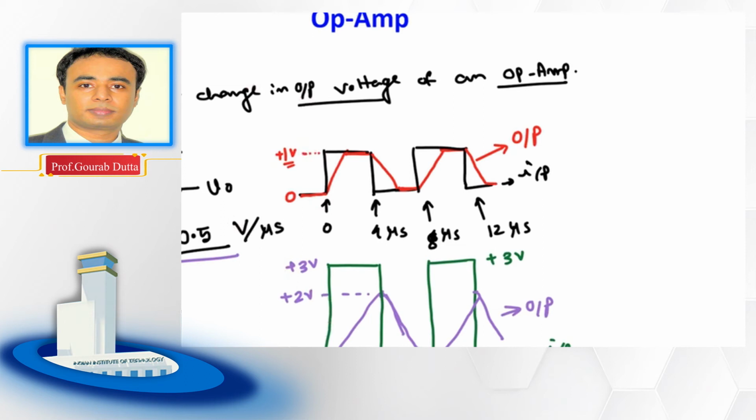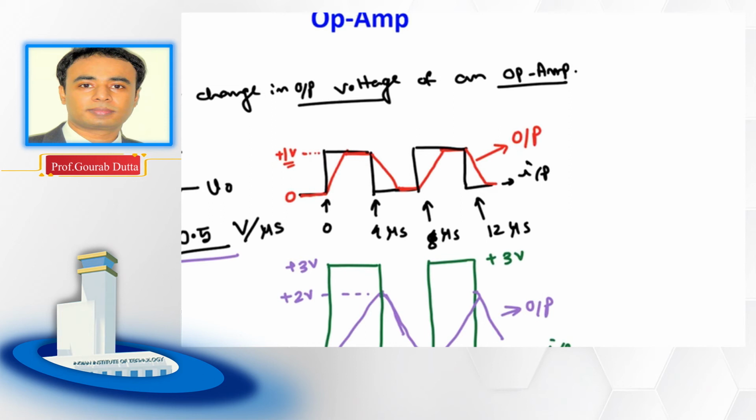So in this context, I think you have also noticed that to avoid this distortion, not only the amplitude of this input signal has to be considered, but at the same time this time, or in other way, the frequency of this signal is equally important, right?